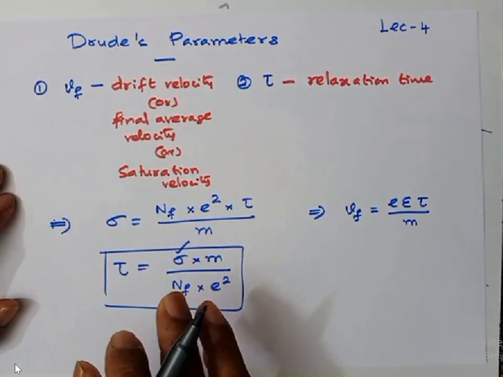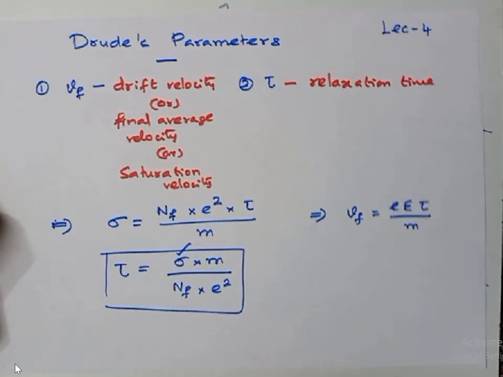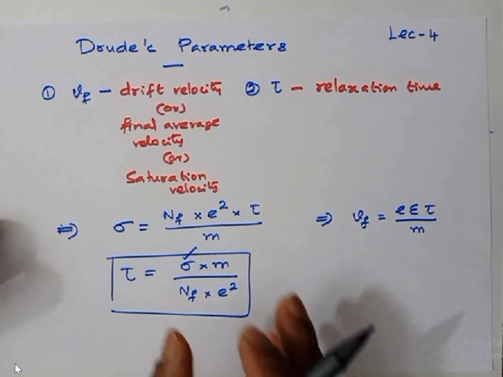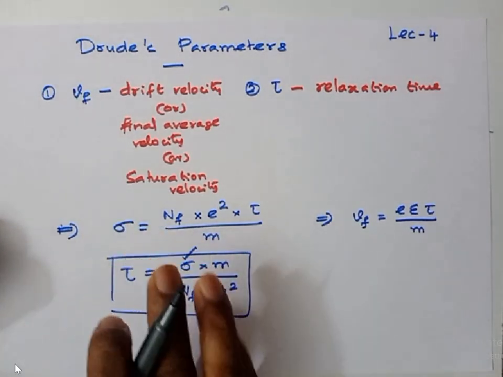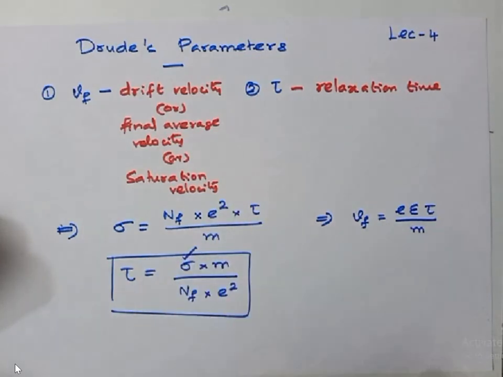Now, before going to see how to calculate tau and Vf by making use of these formulas, I will give some of the values of tau which are already reported for a few metals.